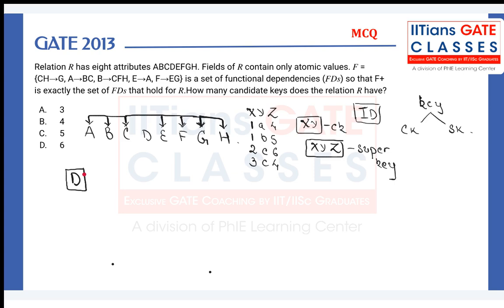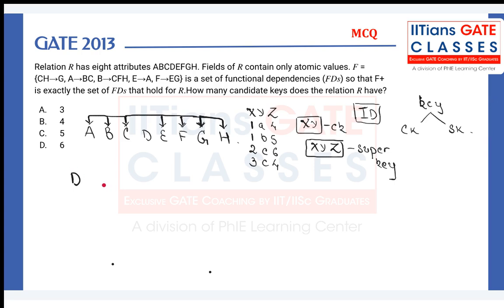Now, they are telling me to find the set of candidate keys the relation R has. What we do is we compute the closure of an attribute.